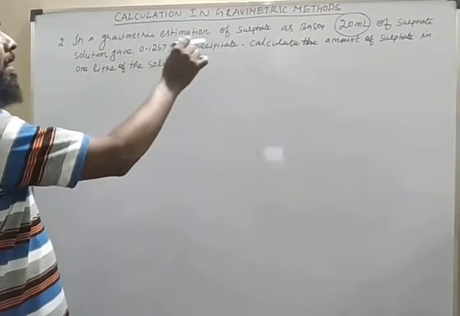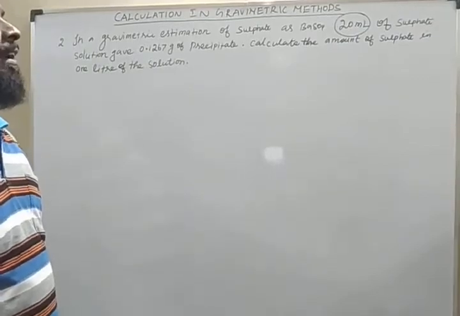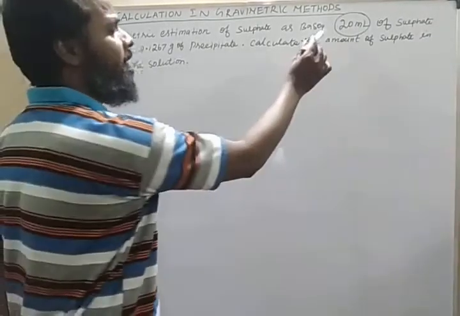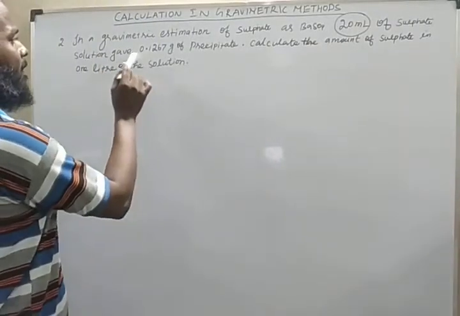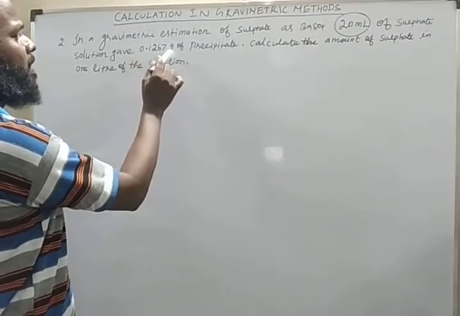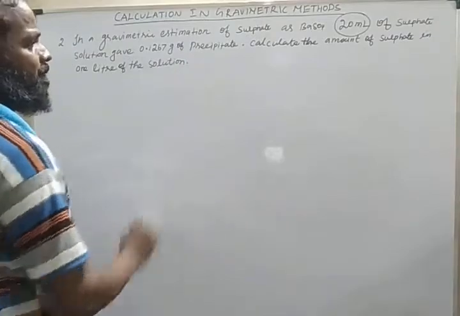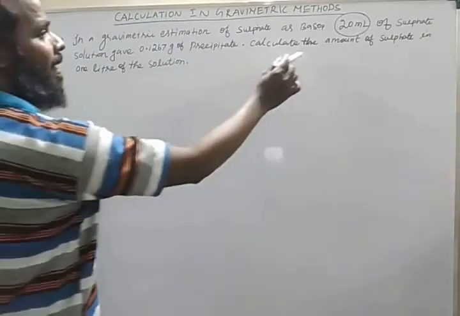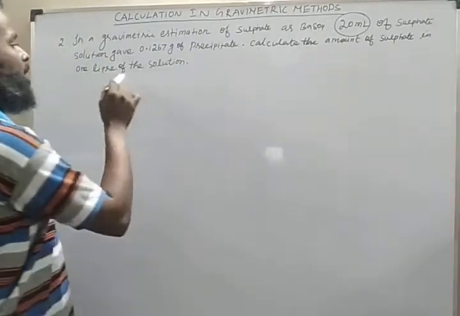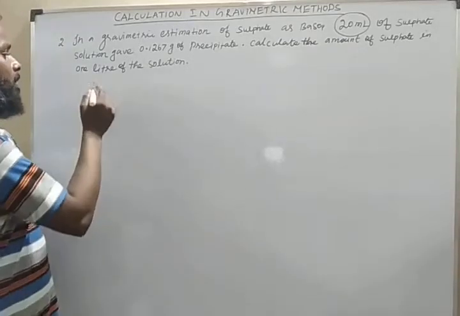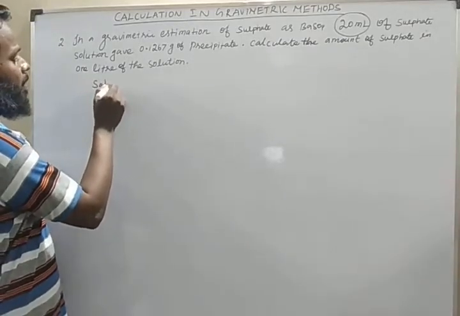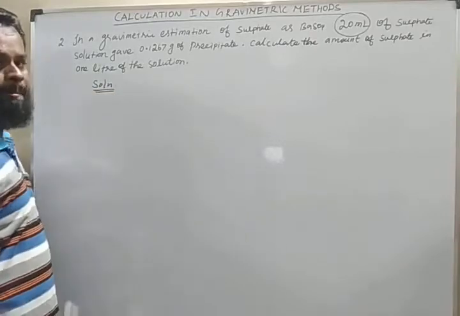In a gravimetric estimation of sulfate as barium sulfate, 20 ml of sulfate solution gave 0.1267 gram of precipitate. Calculate the amount of sulfate in 1 liter of the solution.